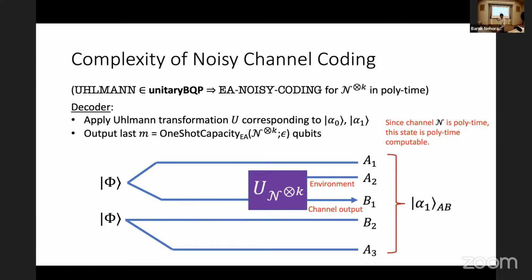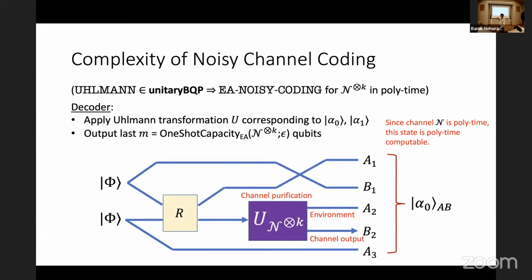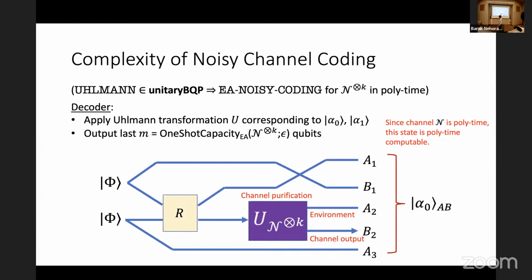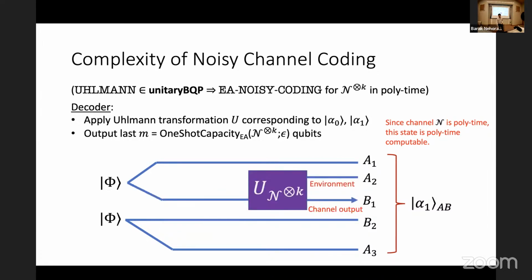And you don't have to dwell so much on this diagram, but the intuition is that these two states satisfy Uhlmann's theorem, and it really says that by applying this random unitary R, you kind of decoupled the channel. You can think of applying the channel as not really applying the noise to the information you want to send across.